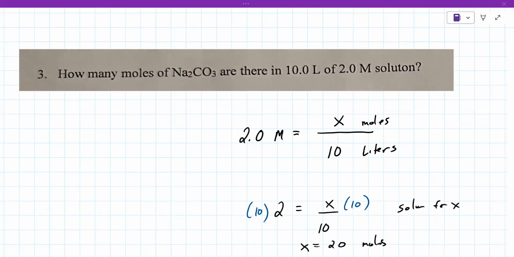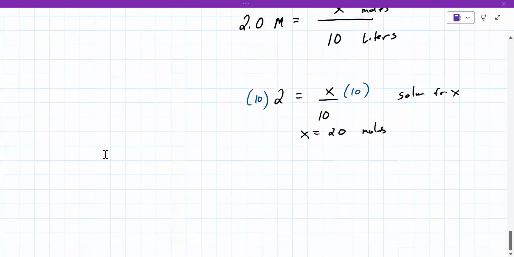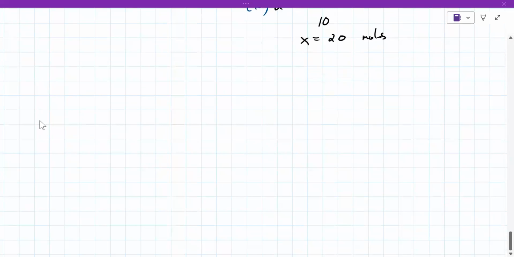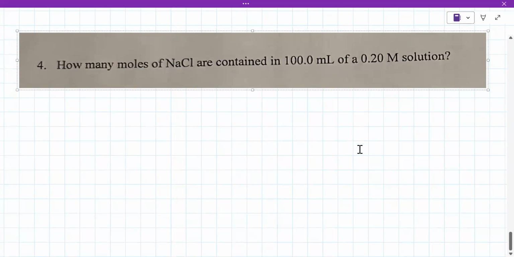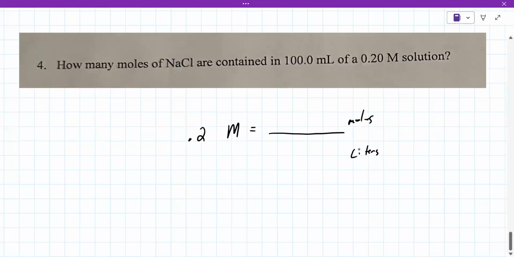Okay, number 4. How many moles of NaCl are contained in 100 milliliters of a 0.2 molar solution? So 0.2 molar is again moles per liter.